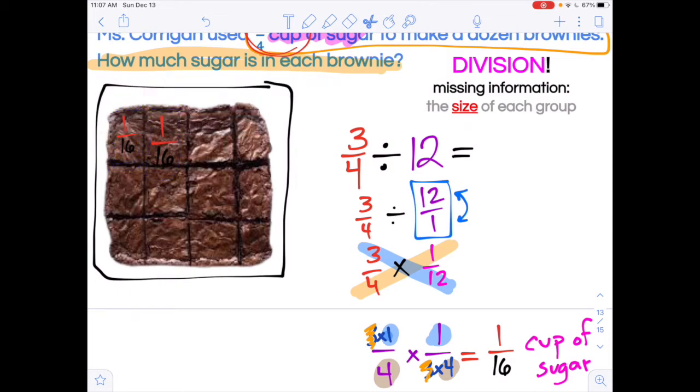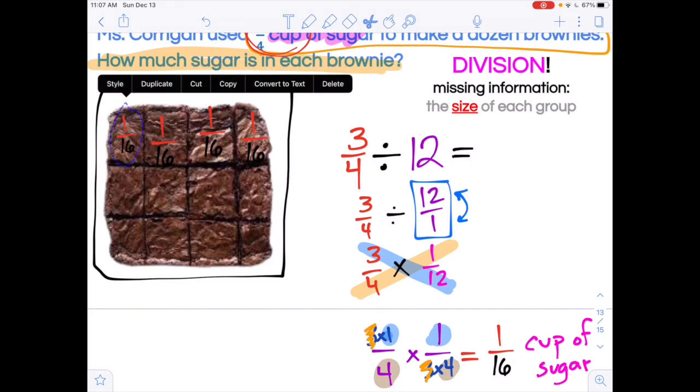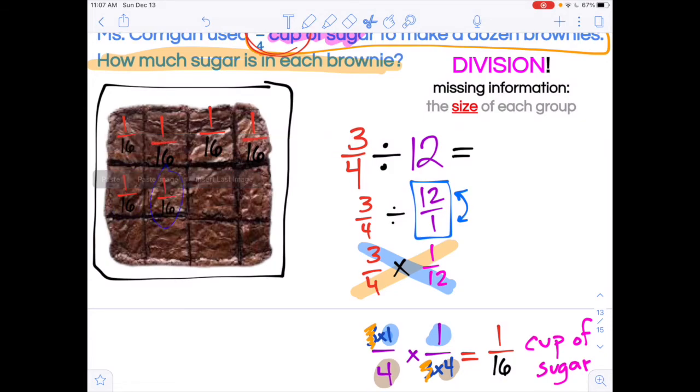Doesn't work amazing. Let's copy that one instead. Copy, paste, paste, paste. All right, so now notice when I do this, now I know the size of each brownie. Each brownie is 1/16, and I know how many there are.